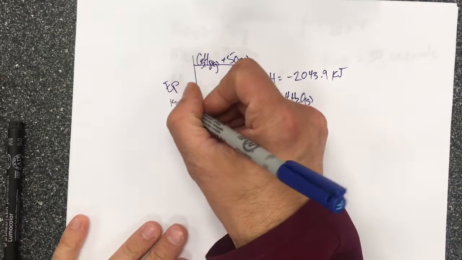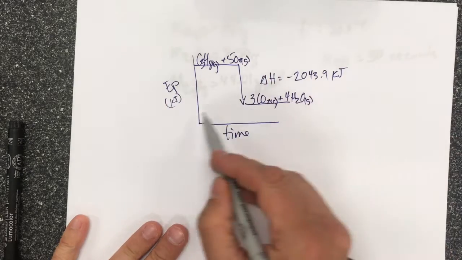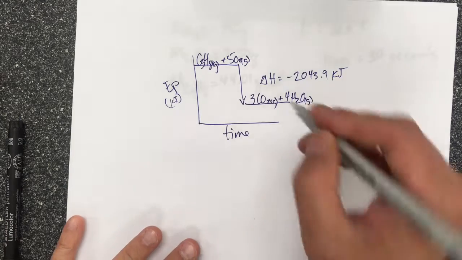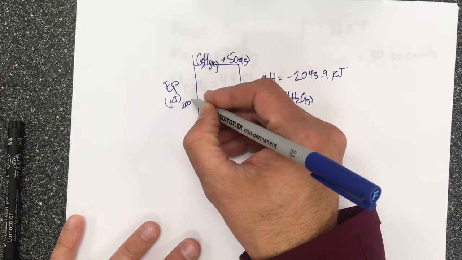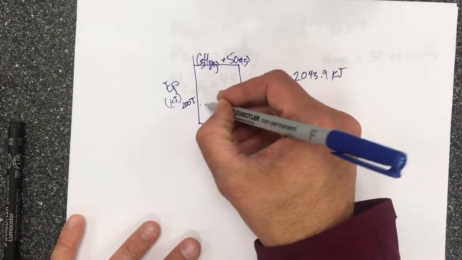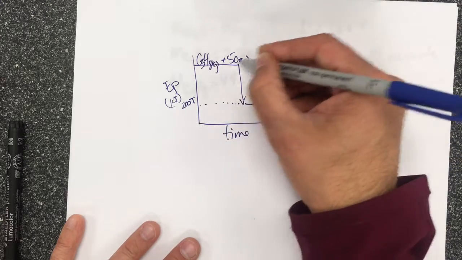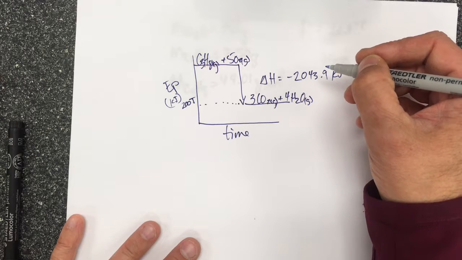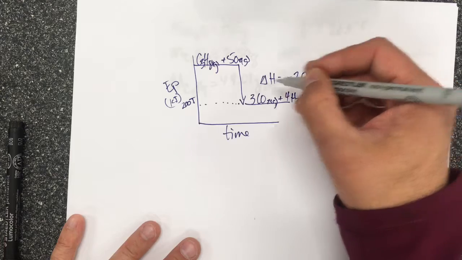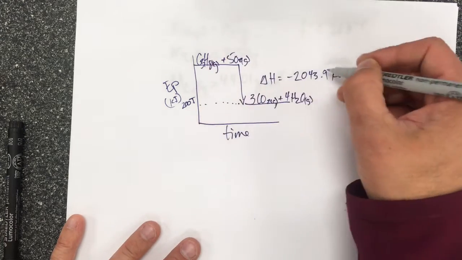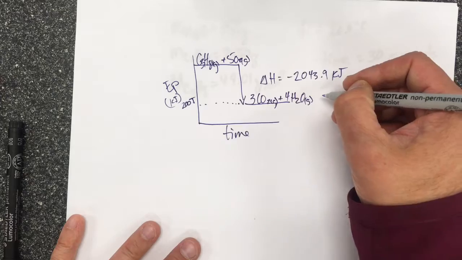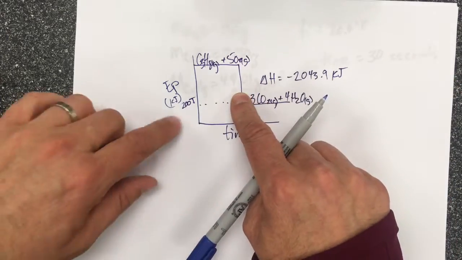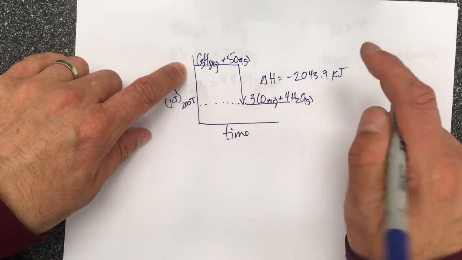The one other thing I thought I'd mention, though, is right now I haven't labeled anything on this graph. If this happened to be labeled as 200 joules at this point, the number up here would be what? Well, this would be a number that is stepping down to here. So 2043 is the difference between these, and this number should be bigger, right?